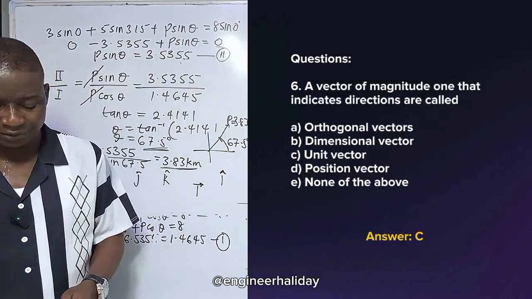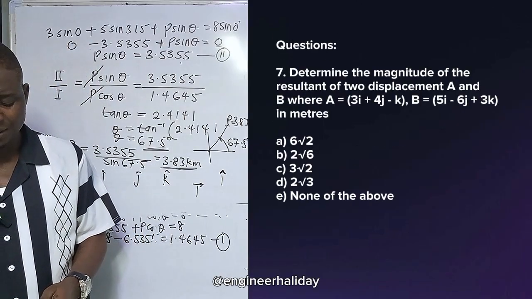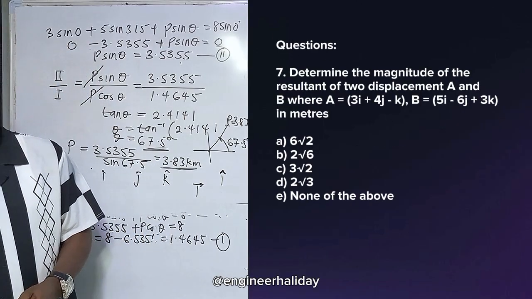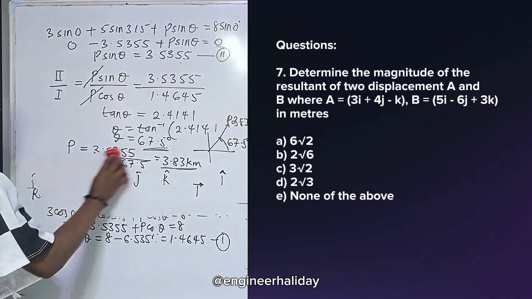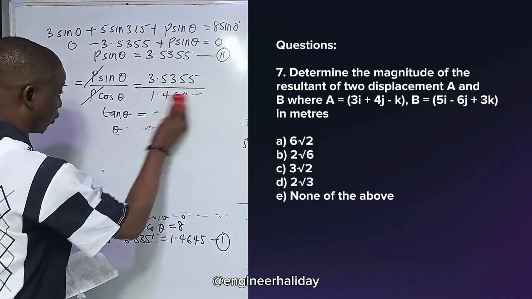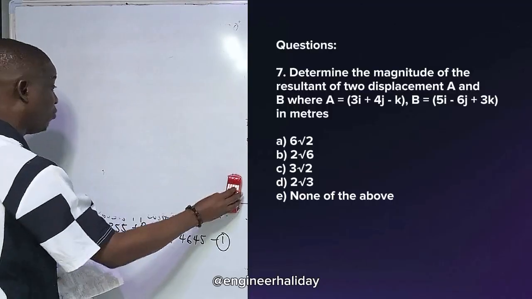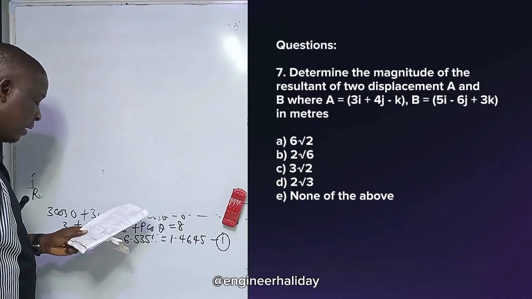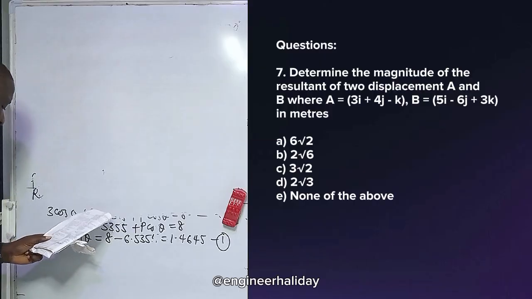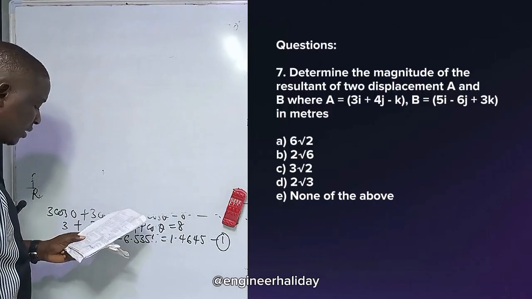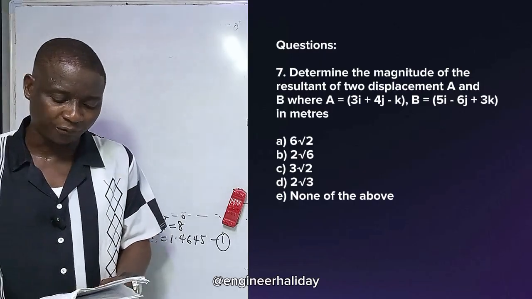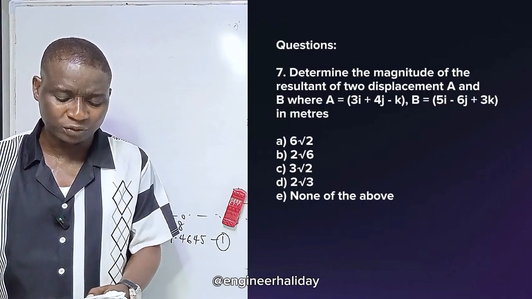Now let's look at number 7. I will leave number 7 for you because we have solved a similar question. I want you to solve and send your answer to the comment section. Please, you must work. This is physics, and the more you solve, the better you become. It says, determine the magnitude of the resultant of two displacements.